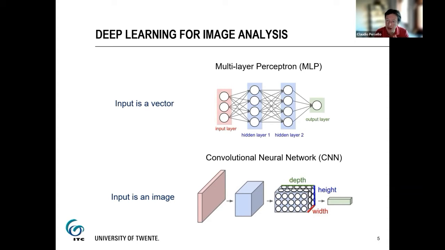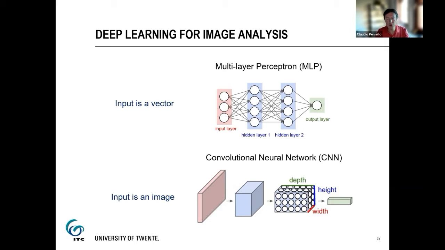Convolutional neural networks are specifically designed for spatial data that have a 2-dimensional or 3-dimensional structure. So with several convolutional layers, the network is able to learn the spatial features that are somehow hidden in the image. So they allow us to identify objects, to characterize objects, and finally make predictions on, for instance, what type of object is there, what is the class of this object, and so on.